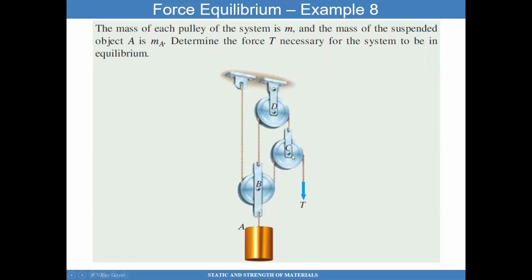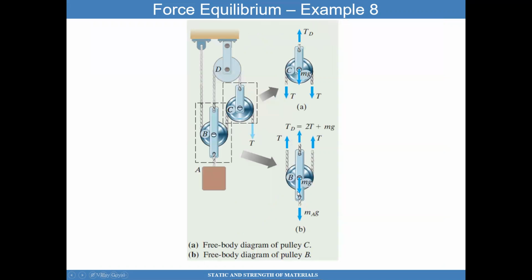The strategy here is to do a free body diagram for pulley B. So cut here, cut there, and cut here. I can do one for D, cut here, cut there. You can also cut at the very top, cut here, and then a tension force is applied. So let's see how to approach it.